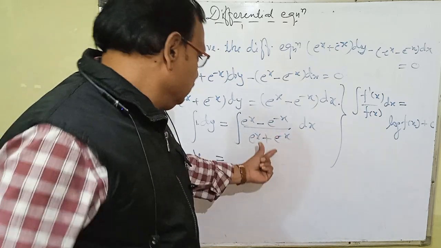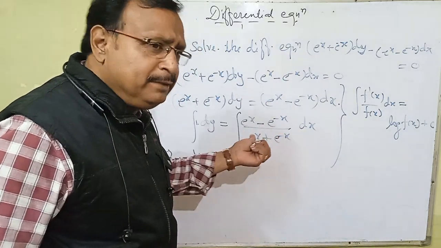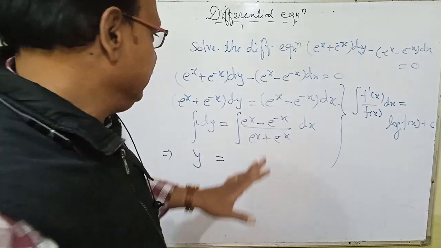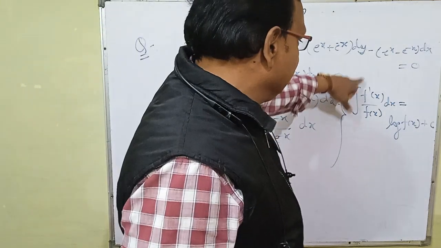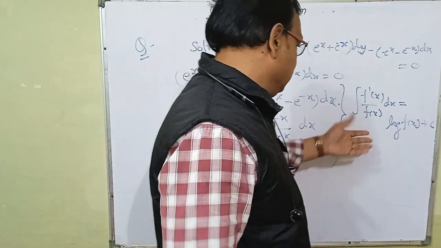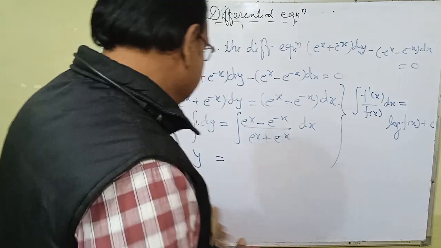Differentiation of the denominator exists in this question in the numerator. Then we can easily write this step. Integration of f dash x upon f x dx is equal to log of f x plus c. Directly we can use this formula.